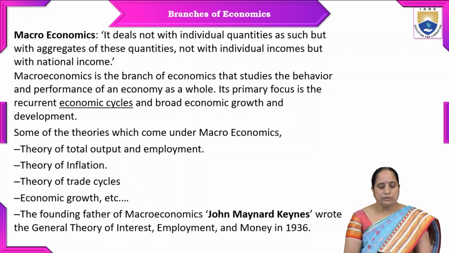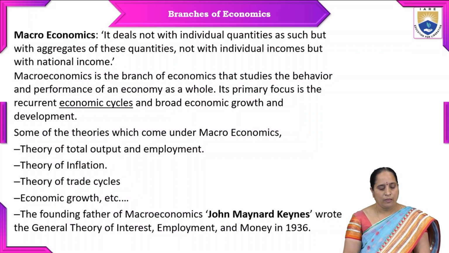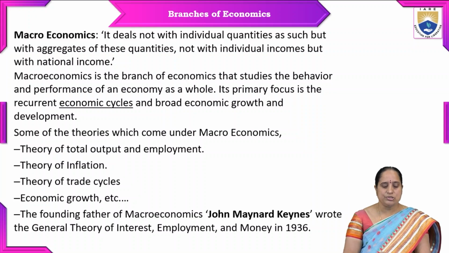Some of the theories which come under macroeconomics are the theory of total output and employment, theory of inflation, theory of trade cycles, theory of economic growth, etc. The founding father of macroeconomics, John Maynard Keynes, wrote The General Theory of Employment, Interest and Money in 1936.